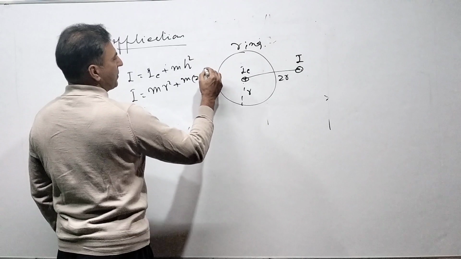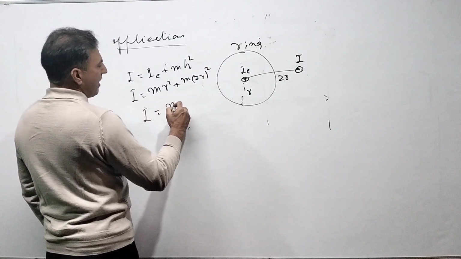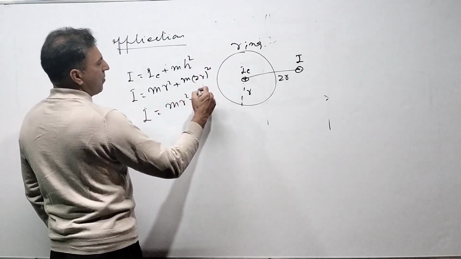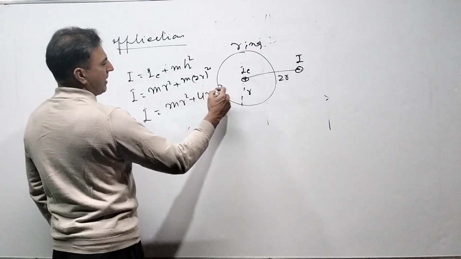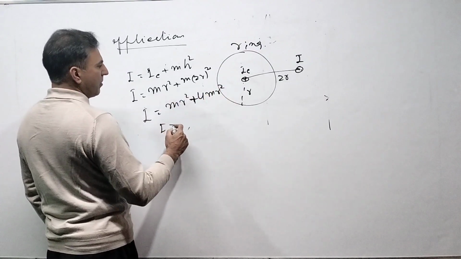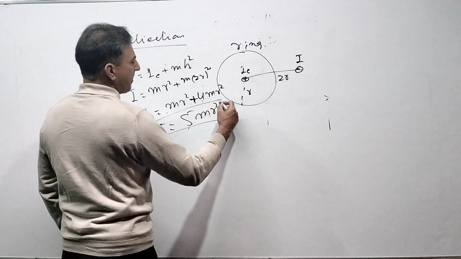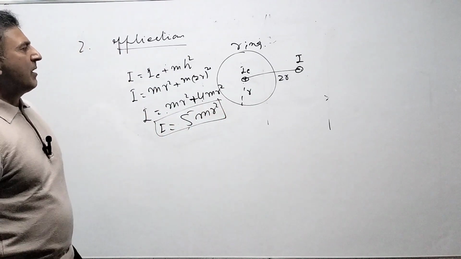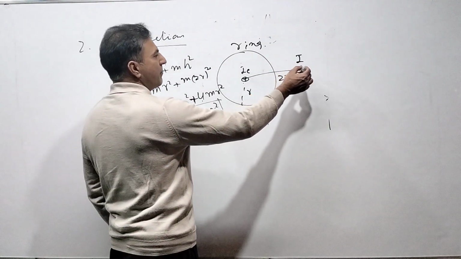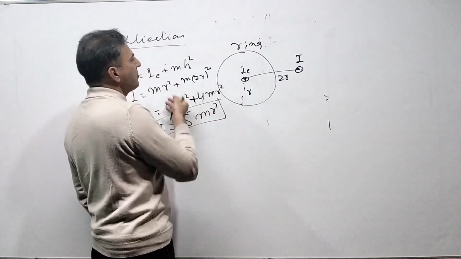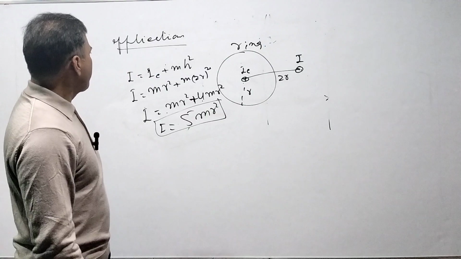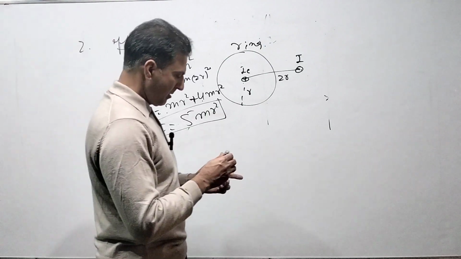That is 2r whole square. So, I is equal to mr square plus 4mr square. That is I equal to 5mr square. Answer we have used. Otherwise, it was very difficult to find the moment of inertia about this axis if we don't use this theorem. Okay.